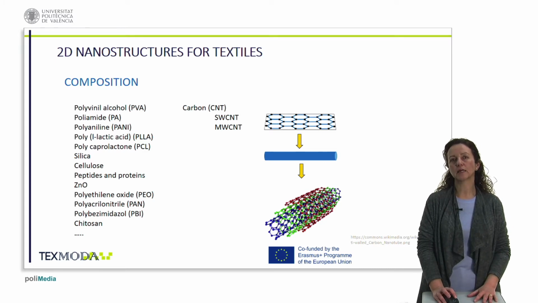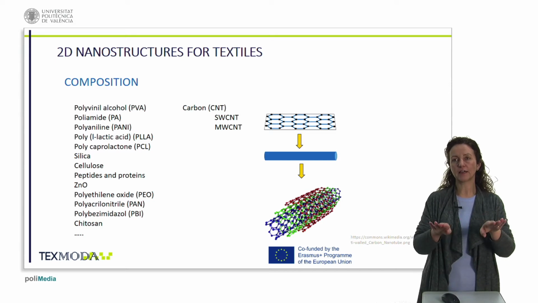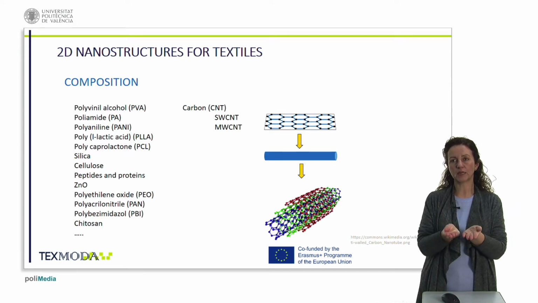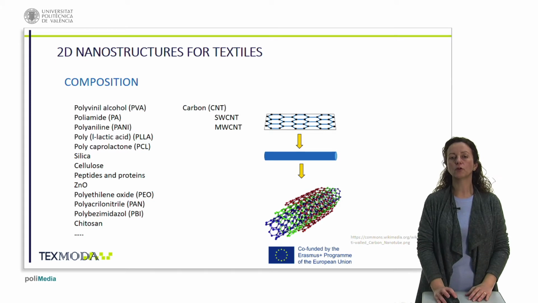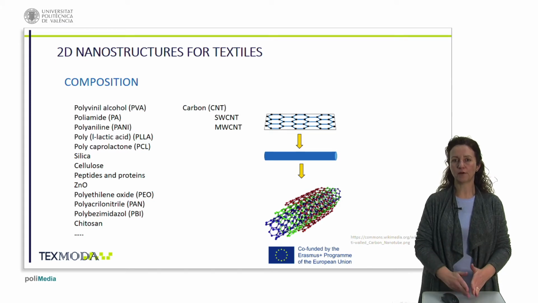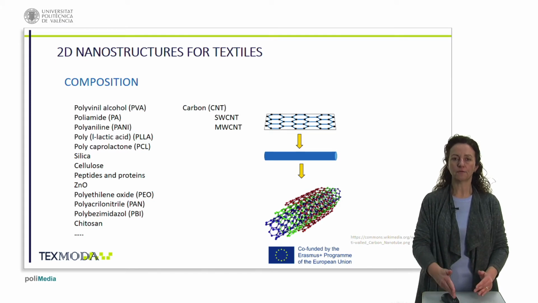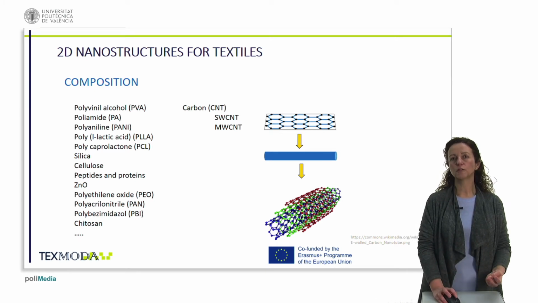When we have a layer of graphene, which we saw previously, we can take the layer and make it into the shape of a tube, and then we convert it into a carbon nanofiber. In this case, we can observe two different options.